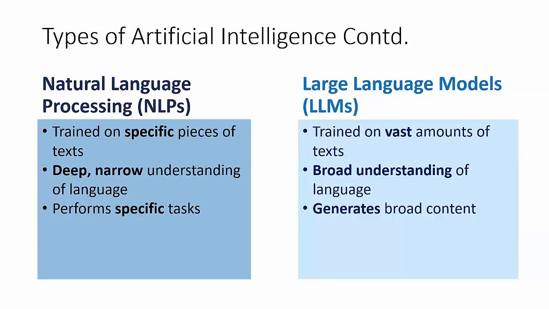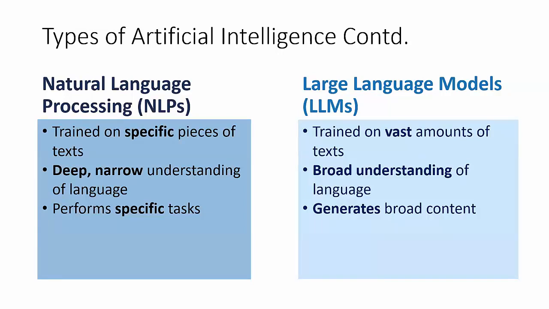NLP is where computer science and linguistics, the study of languages, combine. Put simply, NLP allows computers to understand and mimic human language and speech. It can perform complex computations and process large data sets much faster than any human.